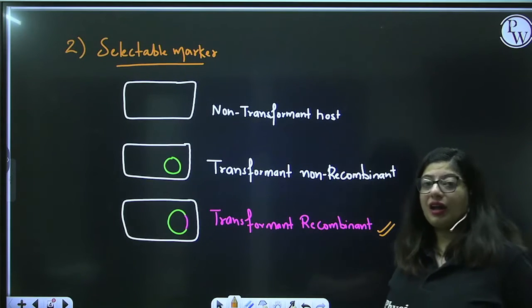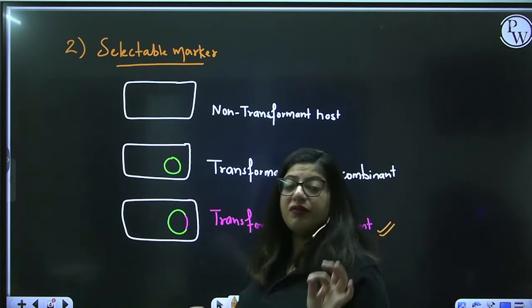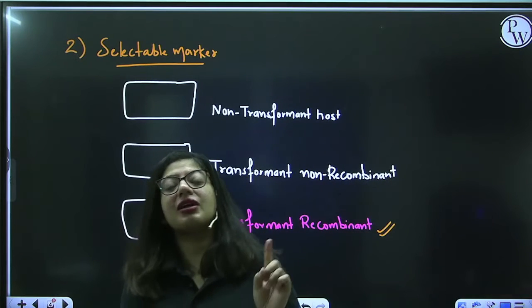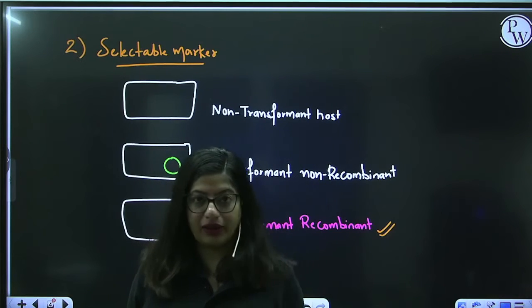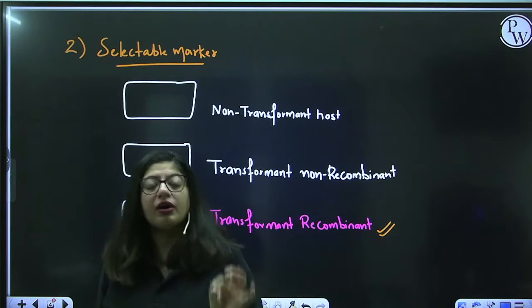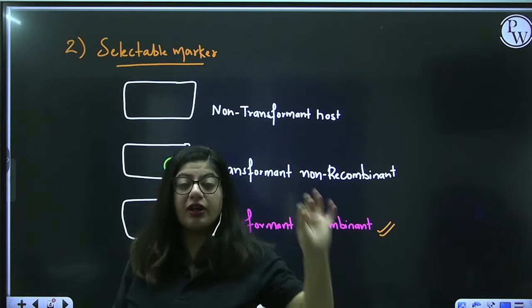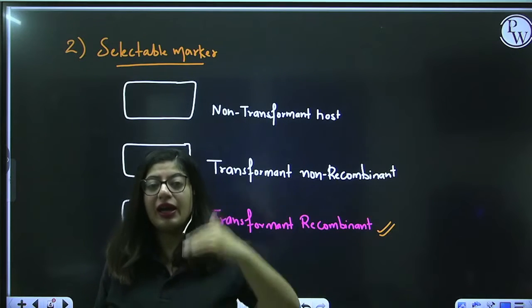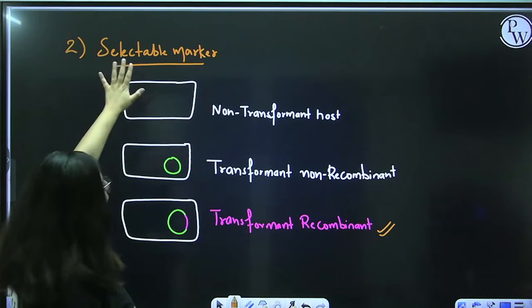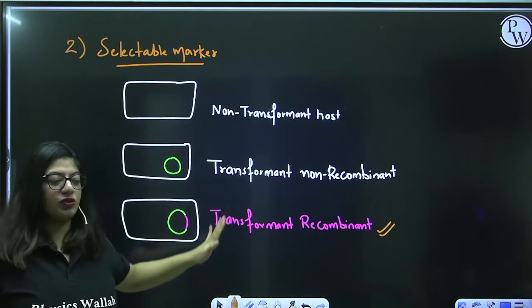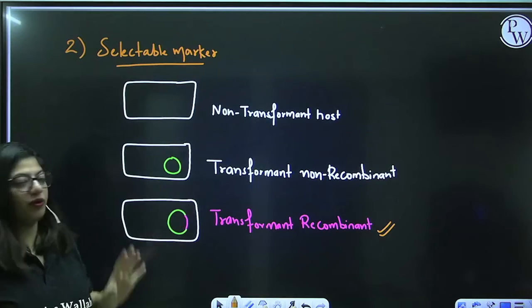To find that out, we add some genes known as selectable markers inside your vectors to make sure whether your foreign gene has been added into the vector or not. So basically they will confirm which is transformant or non-transformant, and recombinant or non-recombinant.